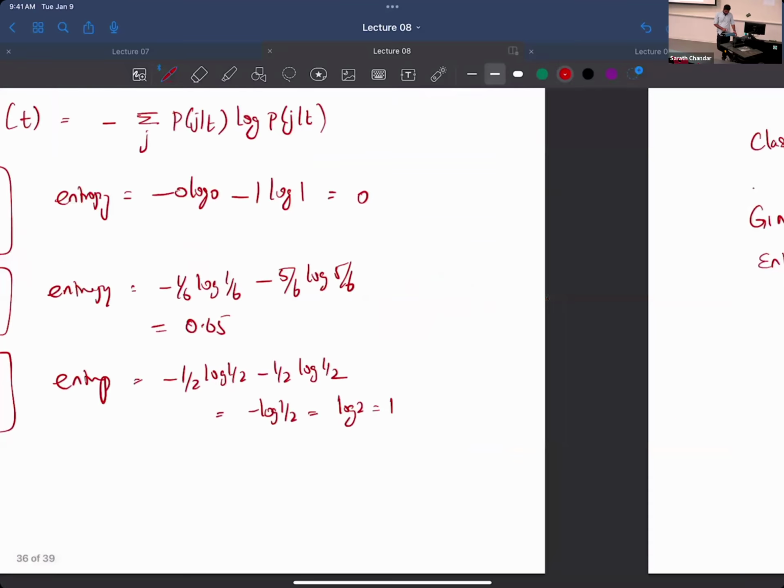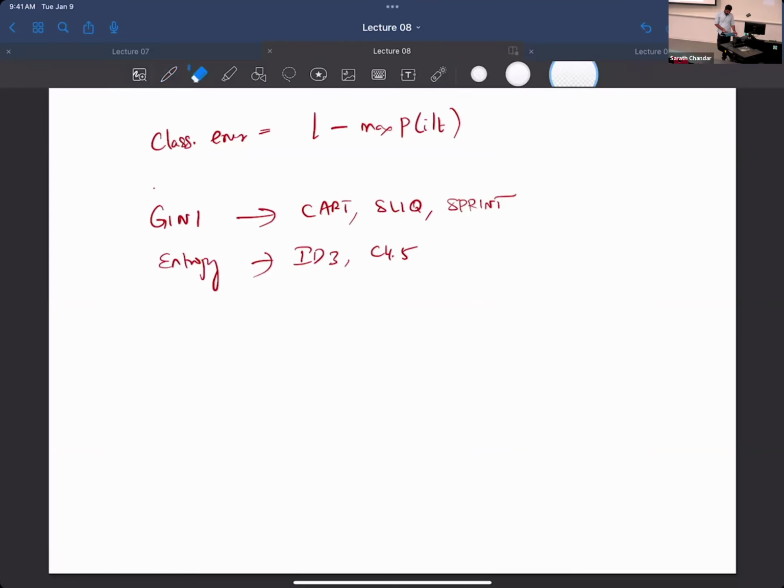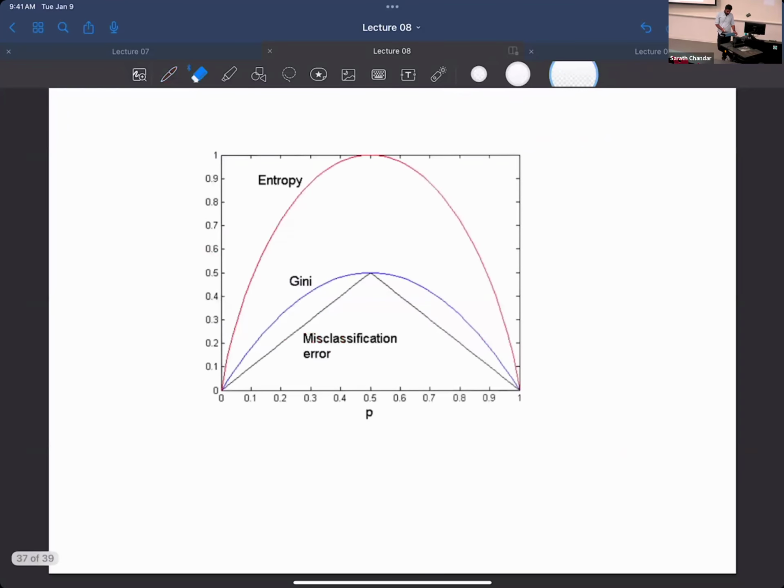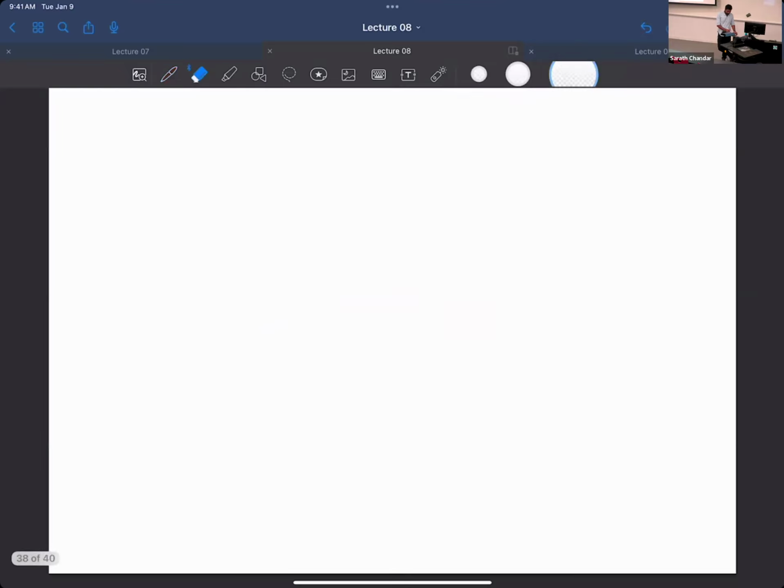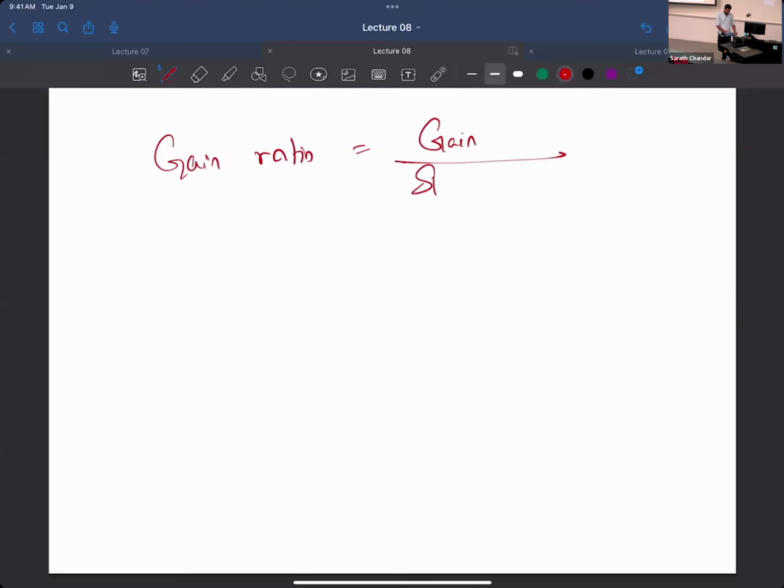One way to do that is to consider what is called gain ratio instead of gain. Gain ratio is defined by gain divided by split info. You're not just considering the gain, you're also taking into account the split info. It's in the denominator, which means you need to have a lower number of splits.